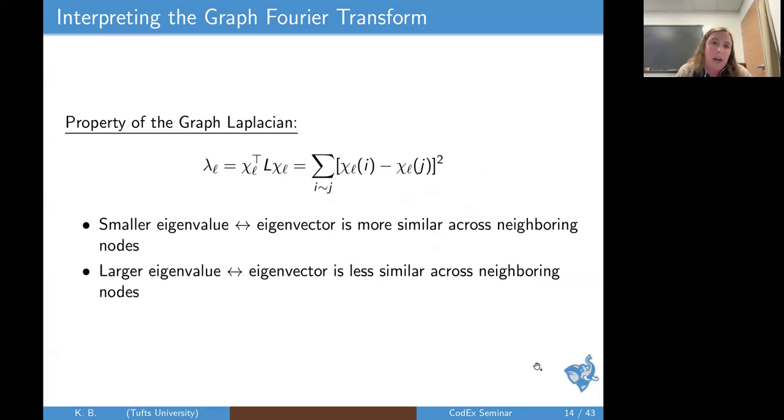And so whenever we have a smaller eigenvalue of the graph Laplacian, that means the corresponding eigenvector is more similar across neighboring nodes. And when we have a larger eigenvalue, the eigenvector is less similar across neighboring nodes.